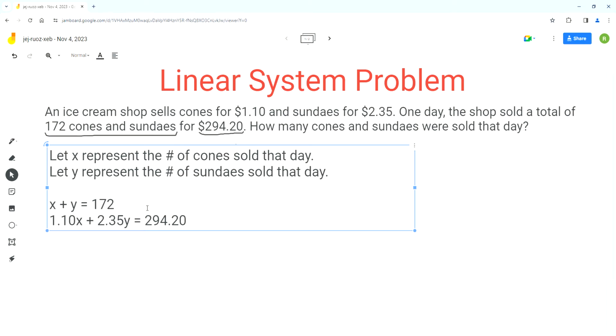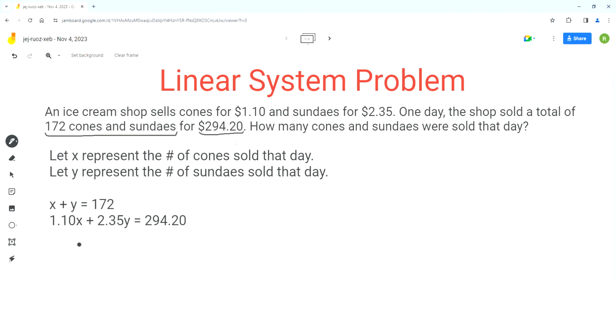So these are the two equations we need to solve to find the number of cones and sundaes sold that day. Now, as you know, a linear system can be solved by using the substitution method or the elimination method. In this case, we can use the substitution method, but you can use either method, you'll get the same answer. So in the substitution method, we have to isolate one of the variables from one of the equations.